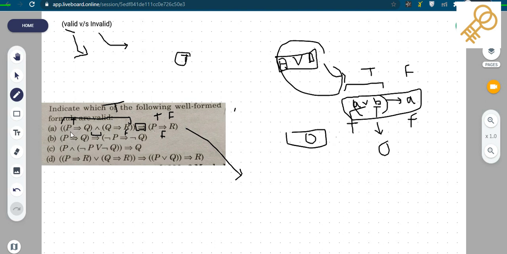So P is true, and now you put the Q value such that it gives true. So we'll put the Q value as true. If we put Q as true, P implies Q will give a true value. Q we have kept true, so now here also it will be true.